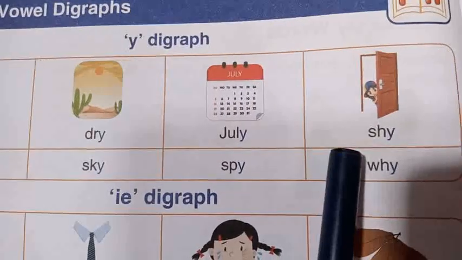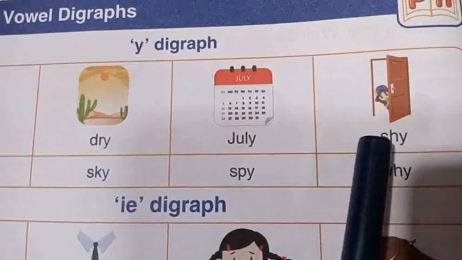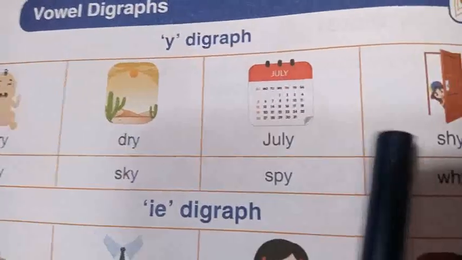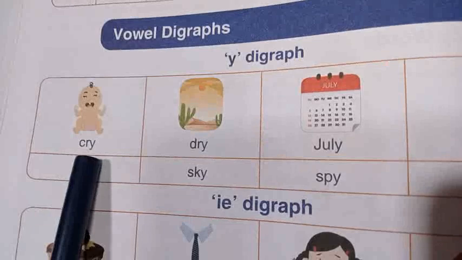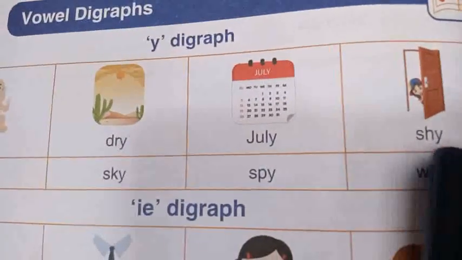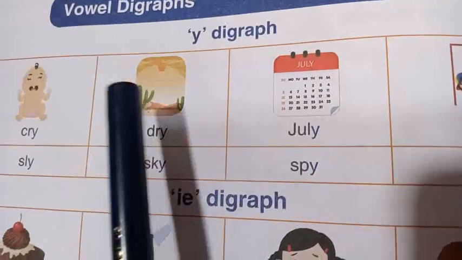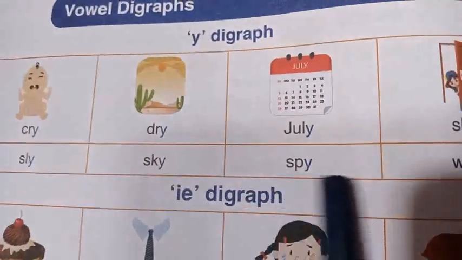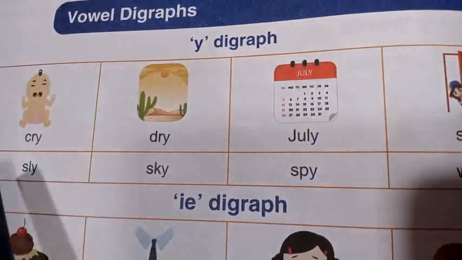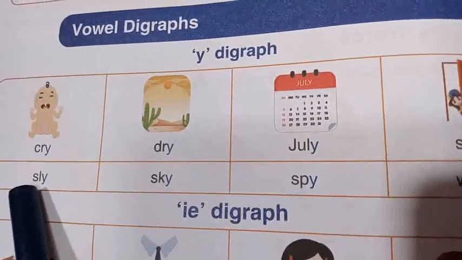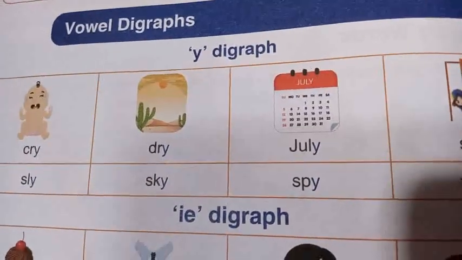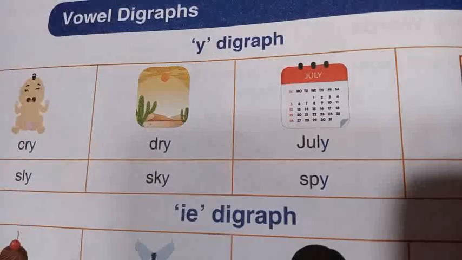July. Next, shy. Once again: cry, dry, July, shy. So my dear children, the rest of the words like this you have to try to read. How do you have to read this? You have to use the letter sounds and also use your left hand to read these words. You have to improve your phonics, okay?